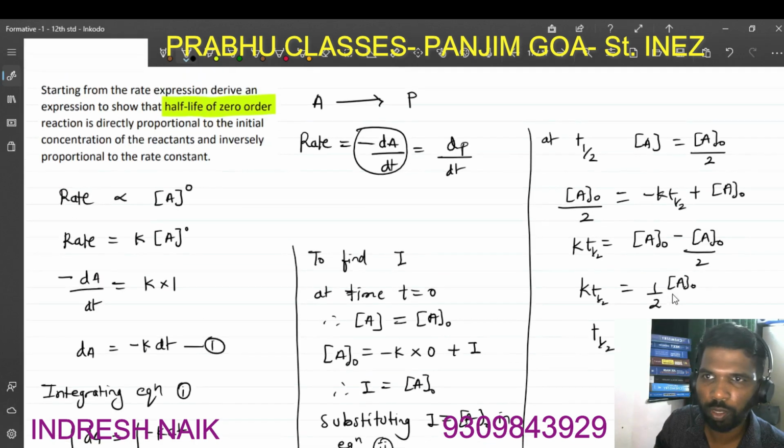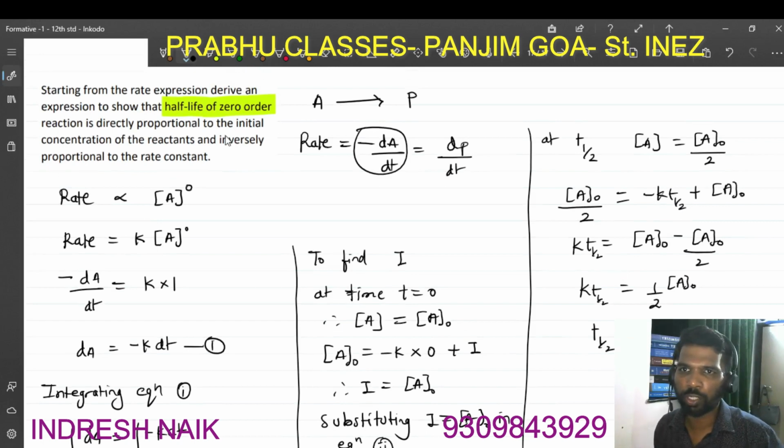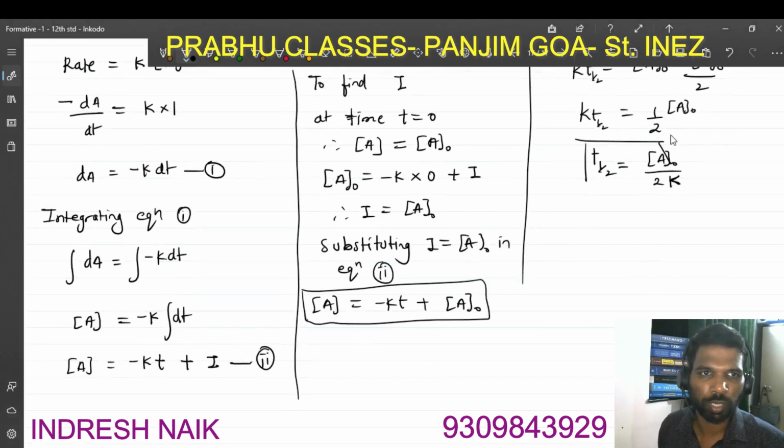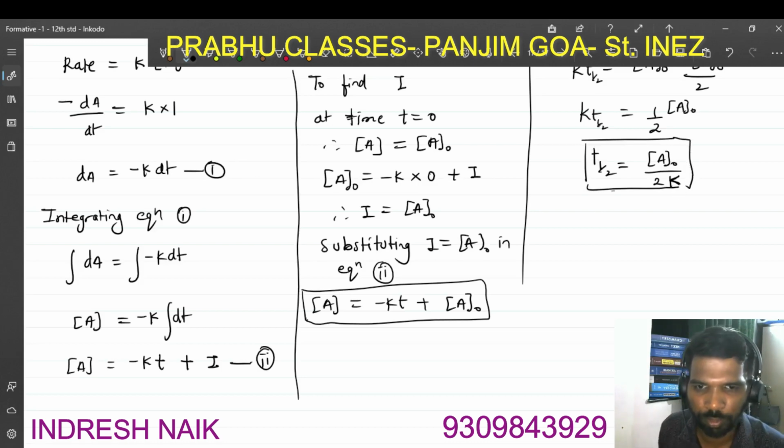So that's what is proved, that it is directly proportional to the initial concentration A naught, and inversely proportional to the rate constant k. This is what was expected. This question could be asked for 3 marks also if you are doing such a long derivation.